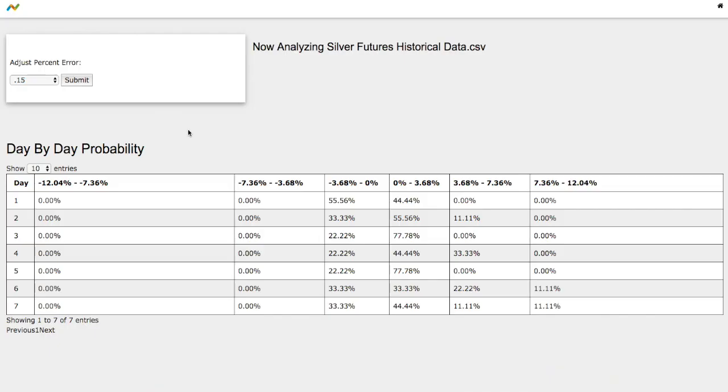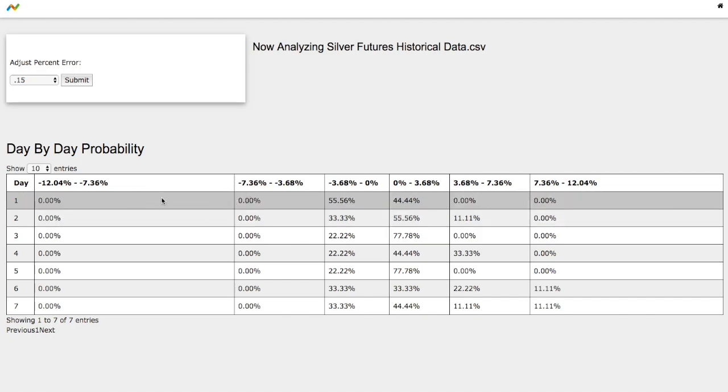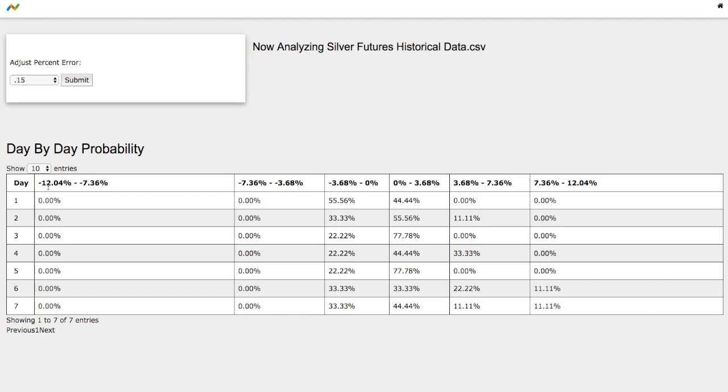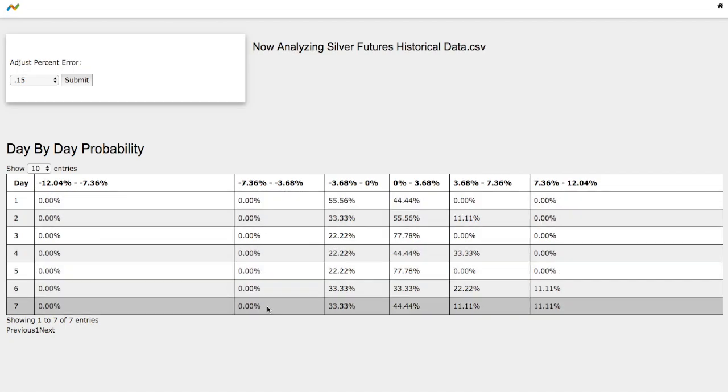And so let's go to the day-by-day probability, where silver will head in the next coming days. What we have here, there are no extreme cases, or 2 and 3 standard deviation out. We don't see extreme cases of silver heading down 12 or 7%, or even 7 or 3% down.